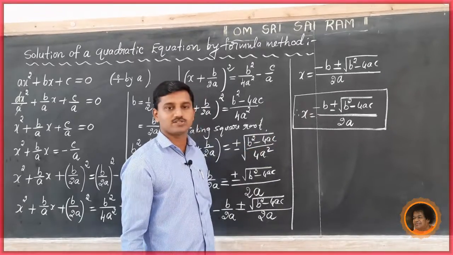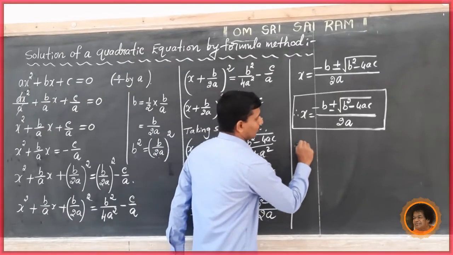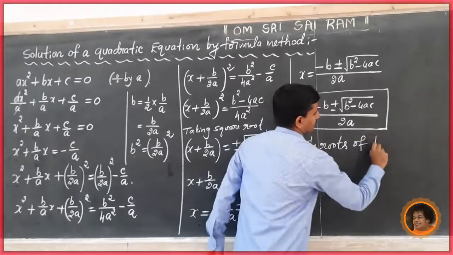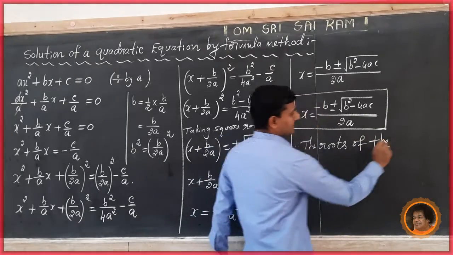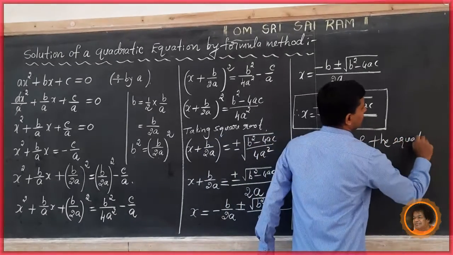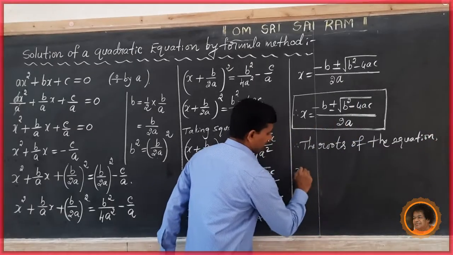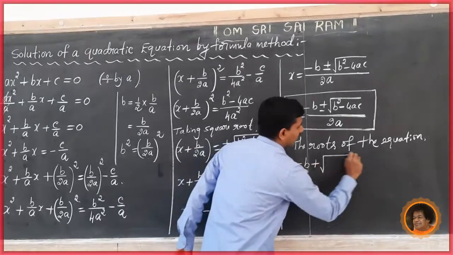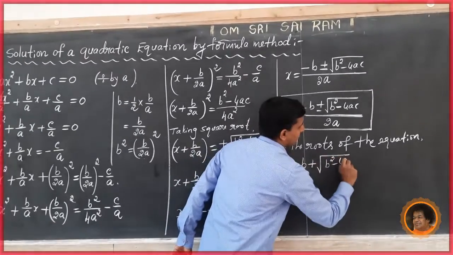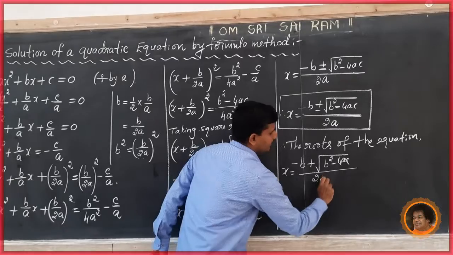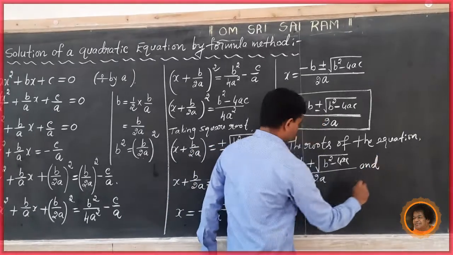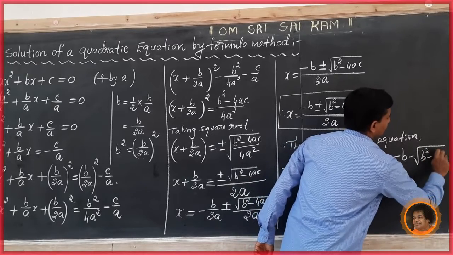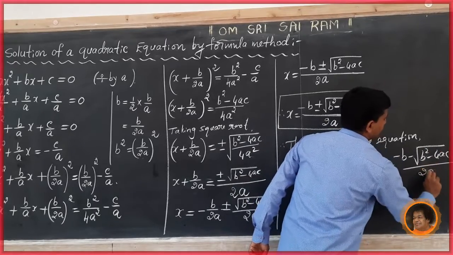The roots of the quadratic equation: one is x = (−b + √(b² − 4ac))/2a, and one more root is x = (−b − √(b² − 4ac))/2a.